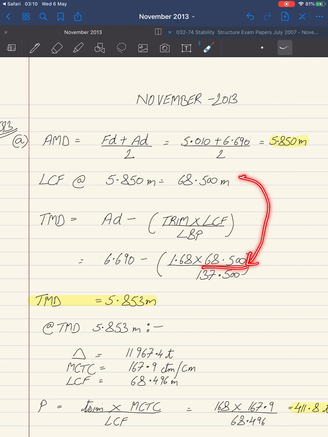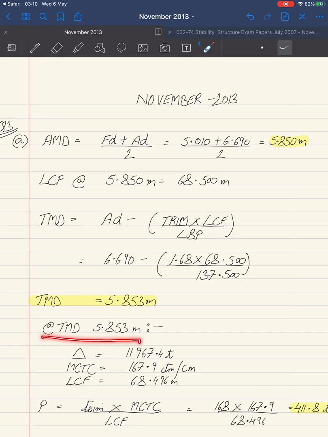The length between perpendiculars for the vessel is 137.5 meters, which has been obtained from the stability booklet. While solving this equation, we get true mean draft equals 5.853 meters.